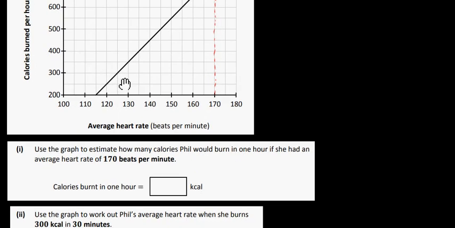So we go up here till we hit the graph, then go across here, use a ruler. I'm doing it freehand here. So we get 750 kilocalories per hour. So that's my first answer here, 750 kilocalories burned in 1 hour.